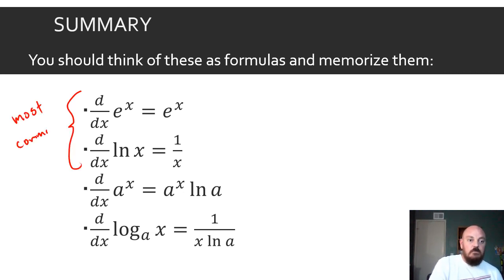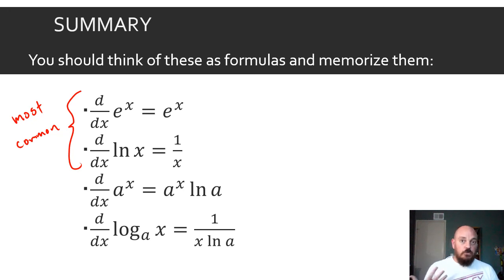If you take AP Calculus next year, when you take that AP test, of all the questions about logs and exponentials, probably 95% of them will be either e to the x or natural log of x. And maybe 5% of those questions, maybe 1 or 2 questions on the entire AP test, will be the other two.